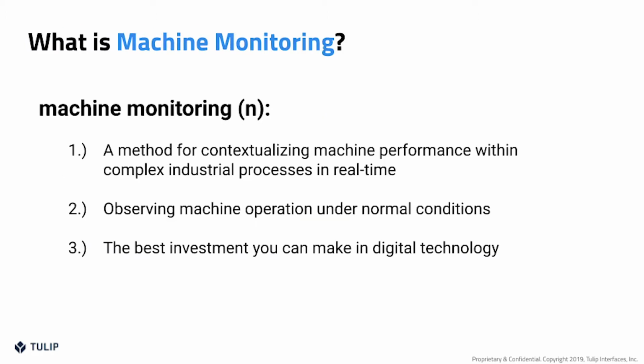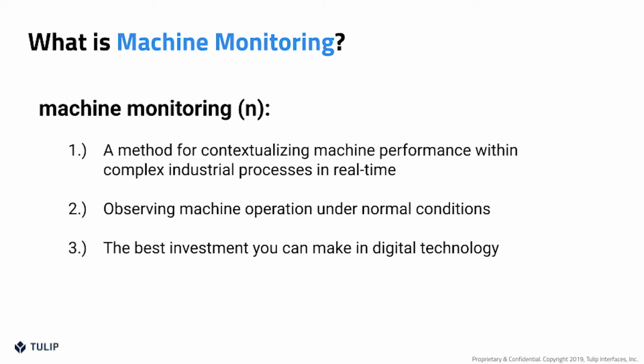Yeah, sure. Machine monitoring is basically the ability to view a machine operate under normal conditions. A couple of examples are if a turning or milling center is completing a program, cutting chips away from a part, a packaging machine completing its cycle, a filler putting product into containers on a production line.